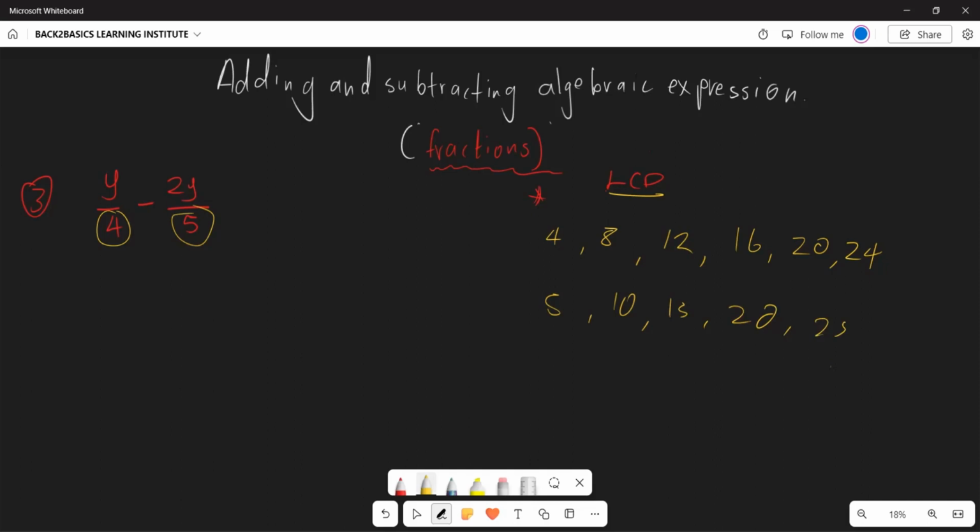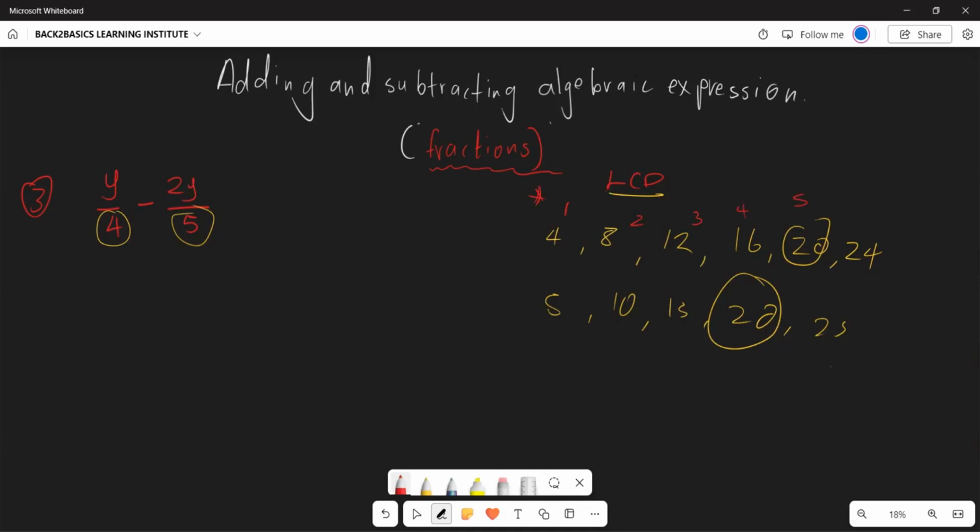Look, you have 20 here, and you have 20 here. So you can have 20 in both of these. But what do you need to do to get 20? Here, you're going to multiply by 1, 2, 3, 4, and 5 to get that one.